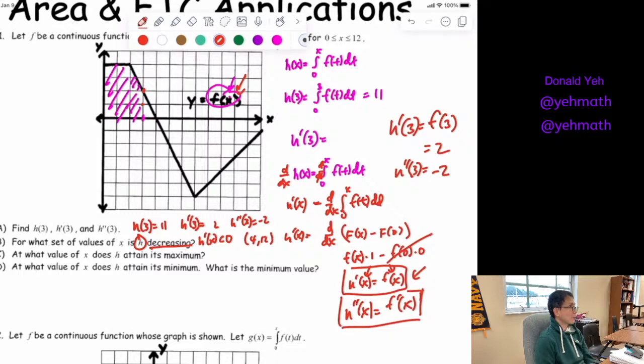Below the x-axis means negative. Like I say, this is talking about h, right? And when we say decreasing, that means h prime is negative, right? Does that make sense? But since h prime of x is less than 0, due to this part that we understand from before, that means f of x is less than 0. Since this is the f of x graph, when it's less than 0, that means below the x-axis.